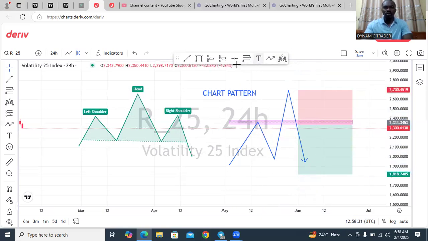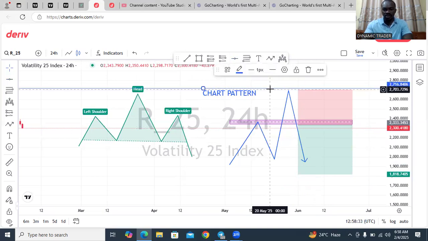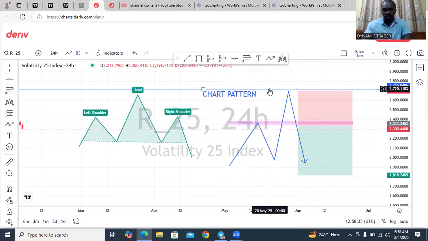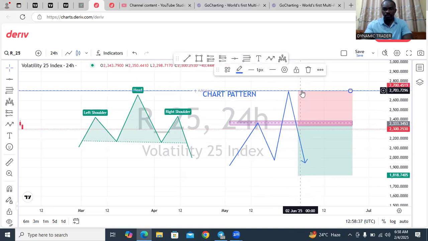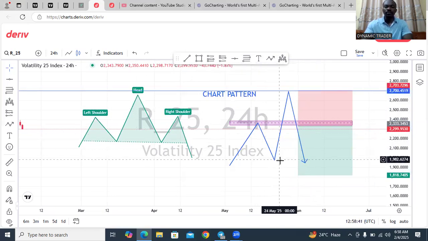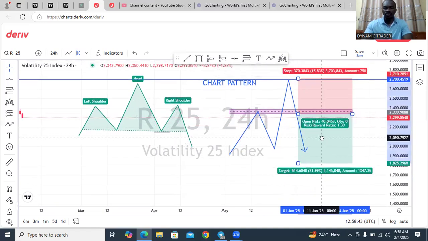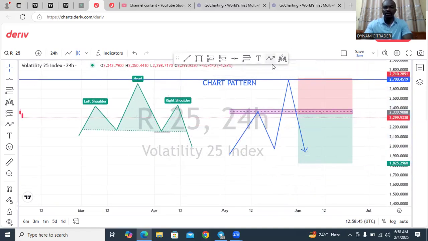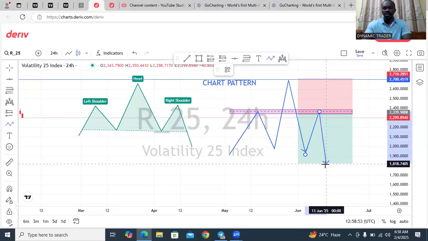Their stop loss will be at this particular head, a little bit above or exactly there. They will take their trade the moment the market returns to this right shoulder, maybe when they observe a bearish engulfing candle and the rest of it, then they will take their sell to this point.